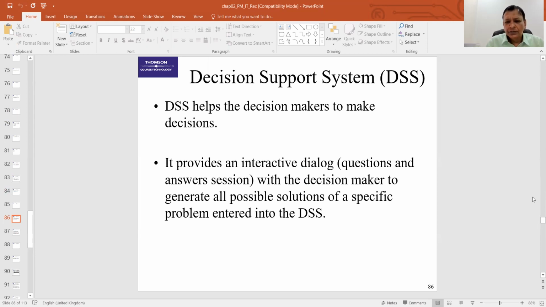For example, you have investment and you want to invest in a specific business. So DSS will ask you about the investment amount, the duration, and it will generate alternative solutions: you can invest in the stock exchange, or you can buy a land, agricultural land or commercial land, or purchase some plaza or construct some plaza.